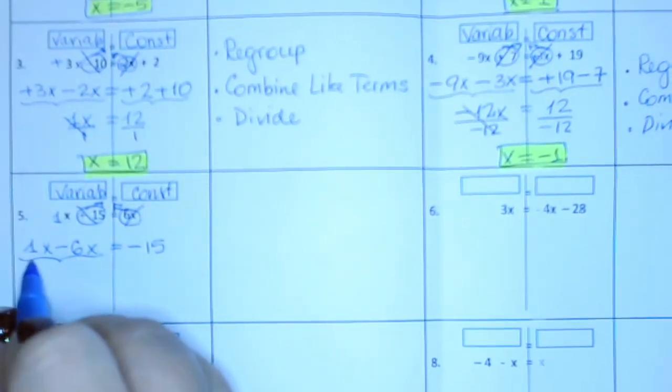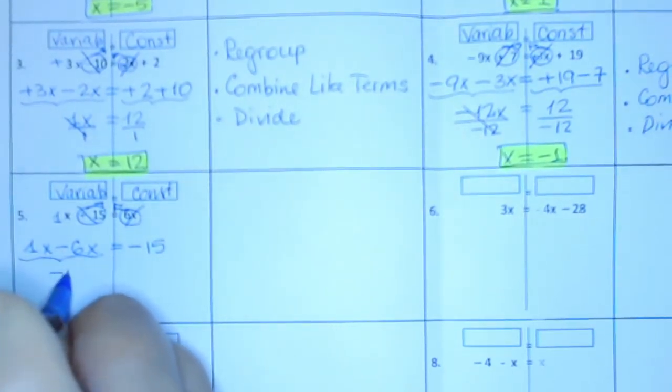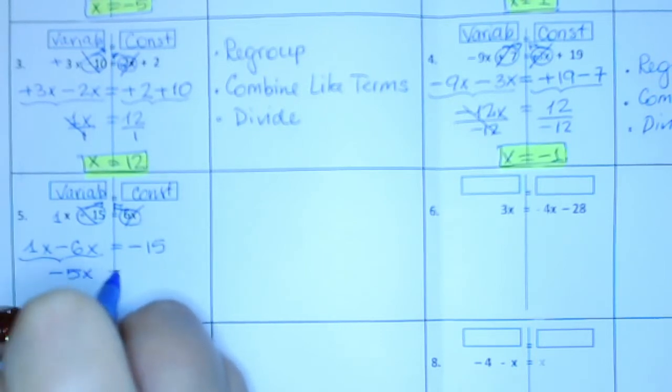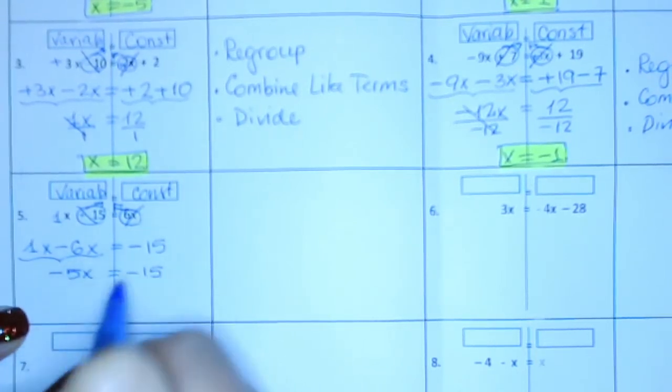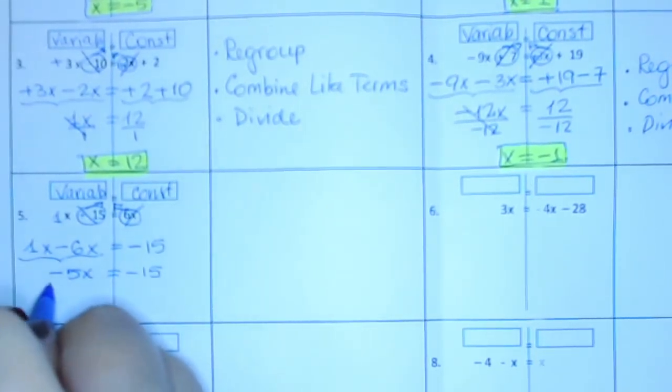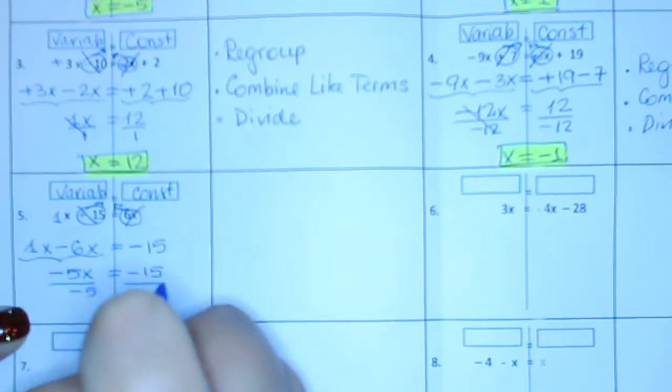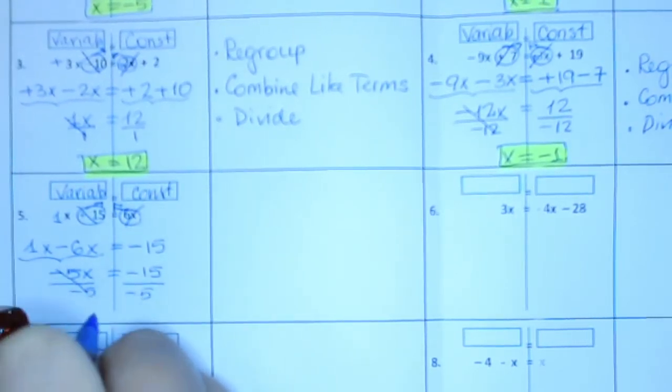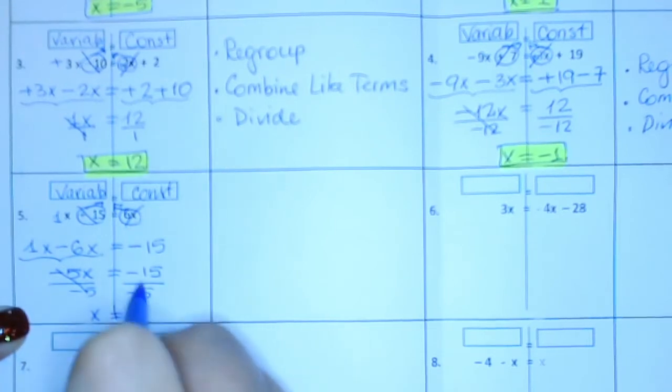Different sign, subtract. 1 minus 6 is negative. Keep the sign of the bigger number. Divide by -5, and x is +3.